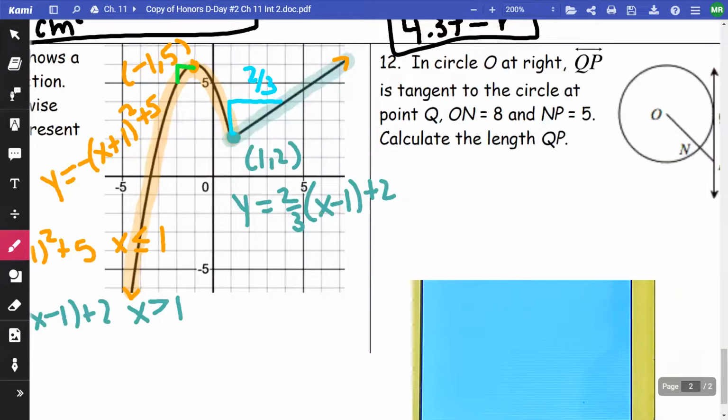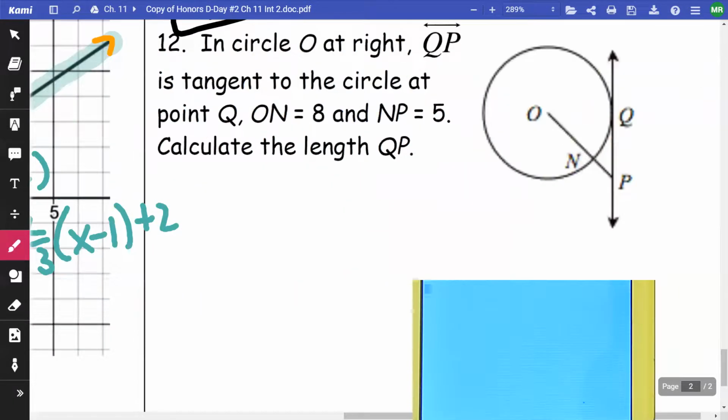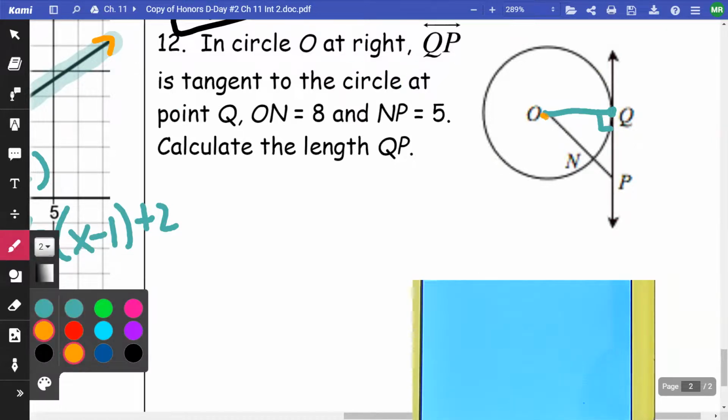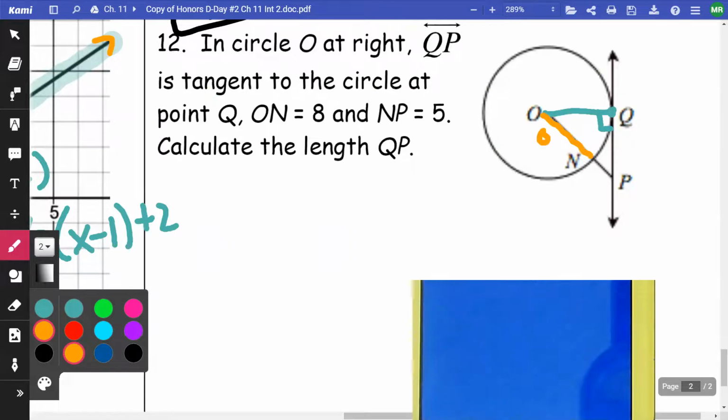Okay, on number 12. So when we have a point of tangency, a radius that goes to that point of tangency is going to form a right angle with that tangent. Now we know that ON is 8. Well, this is also 8 because it is the radius.